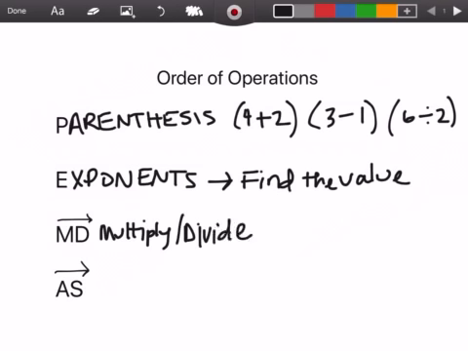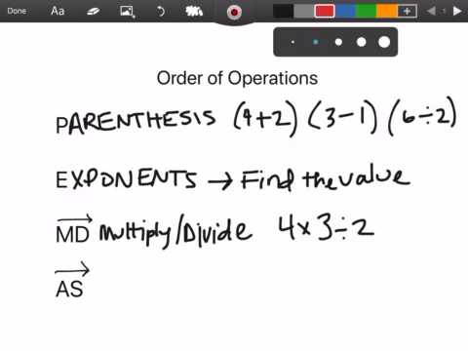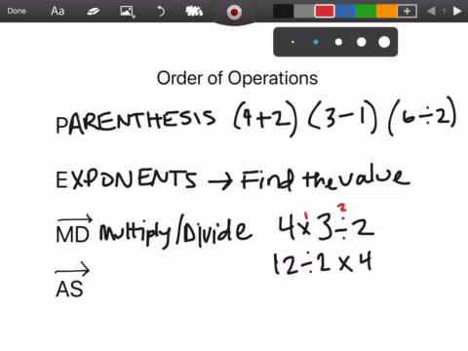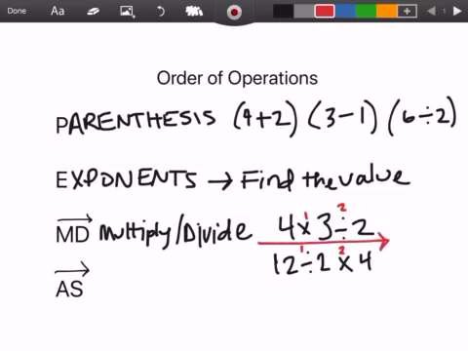Okay, so if you have 4 times 3 divided by 2, you would do multiplication first and then division second. But if you had 12 divided by 2 times 4, you would do division first and multiplication second, because we read these from left to right. So whichever one comes first from left to right, that's the one that you do first.